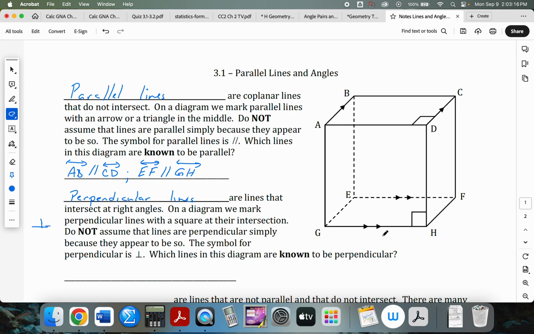All right, lines that are known to be perpendicular. So here we have this square, so the two lines that meet there are perpendicular. So line AD is perpendicular to line DC.